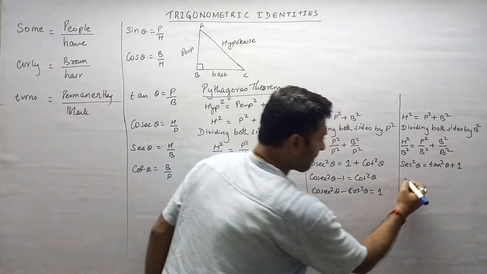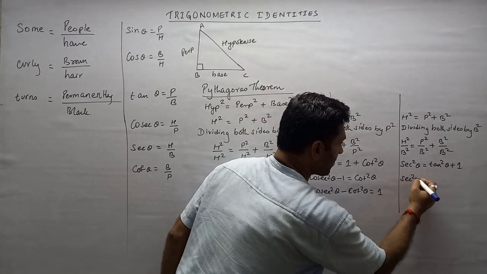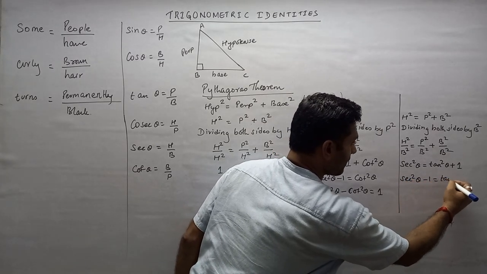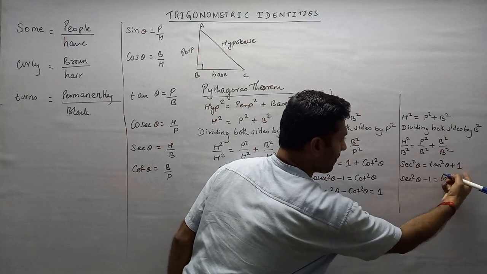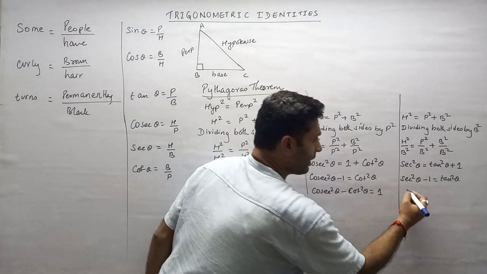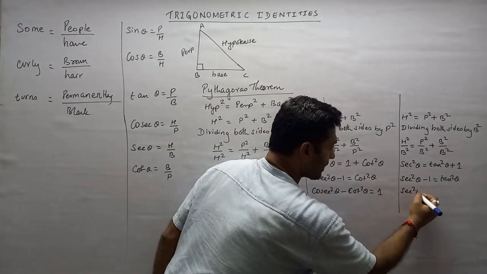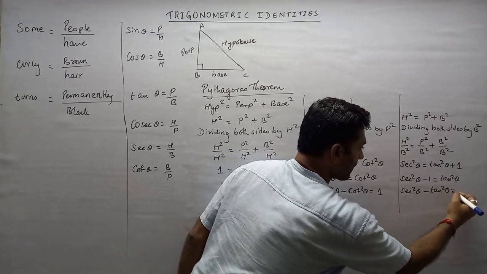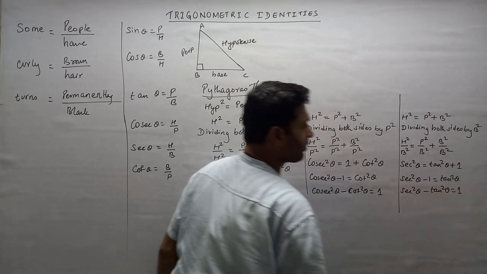In the same way, here we have sec square theta minus 1 is tan square theta. I'll bring this 1 to the left hand side, and now here we have sec square theta minus tan square theta is equal to 1.